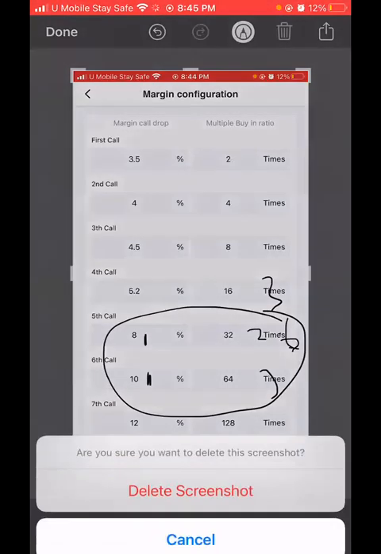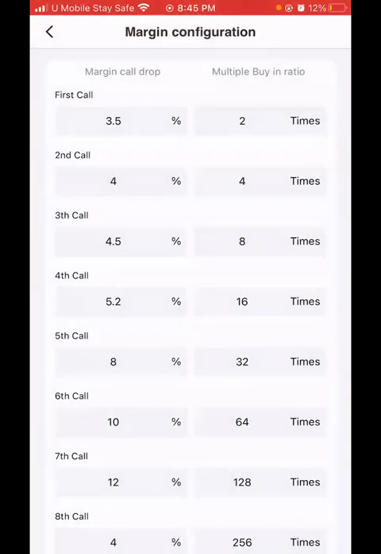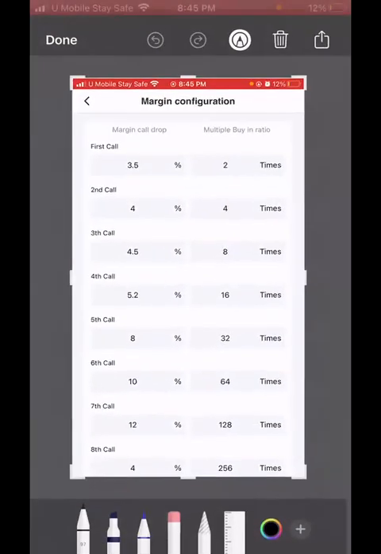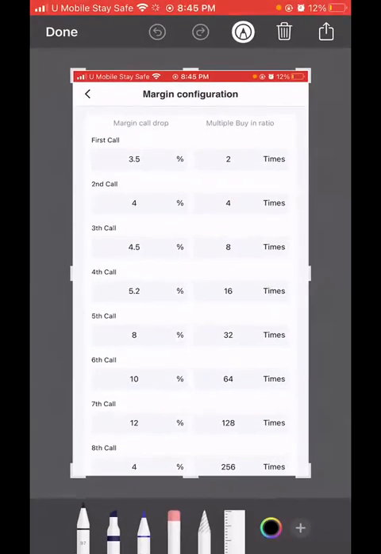Okay, let me do it like this first so that you will understand it. Let's assume it like how I see other people do their settings. Let's assume on their 5th call is 8 margin call, on their 6th call is 12 margin call. Guess what is going to be their profit percentage allocation in their sub mode? 1.1. To me, it doesn't make sense. Why?